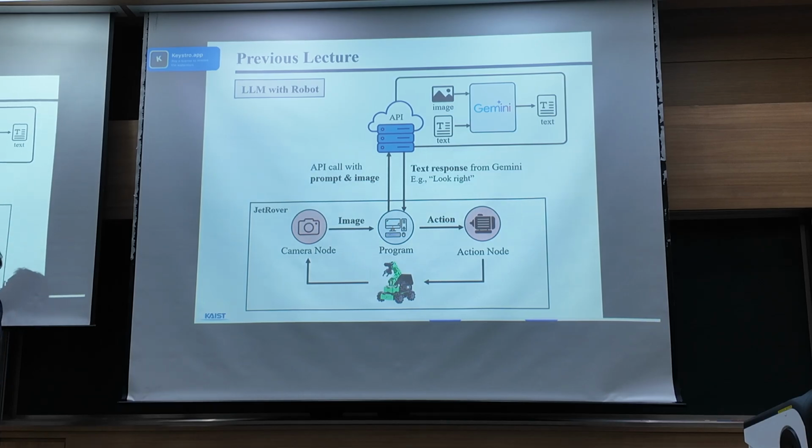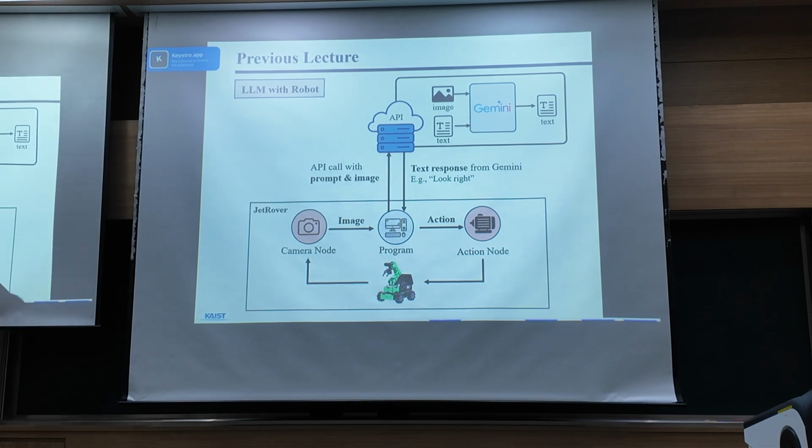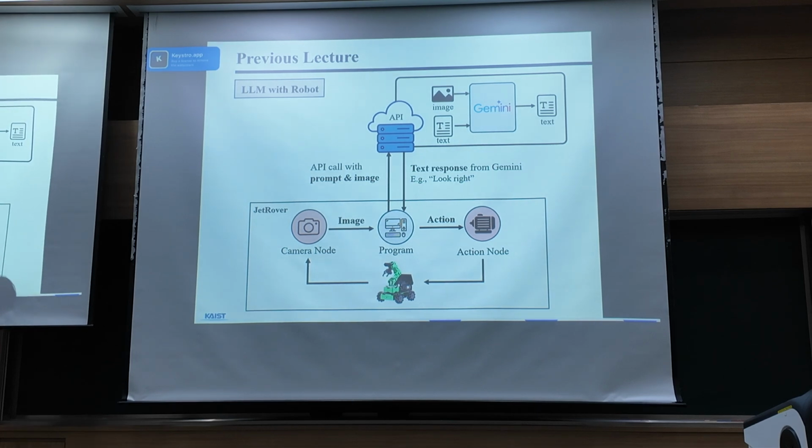And this program can send an action topic to this action node, and that would allow this robot to take various actions, which I'll define. So this is the situation with the robot.